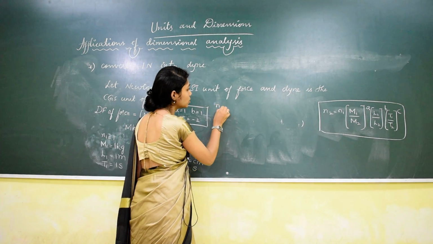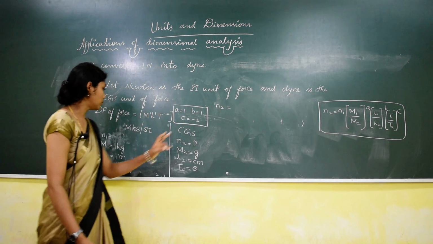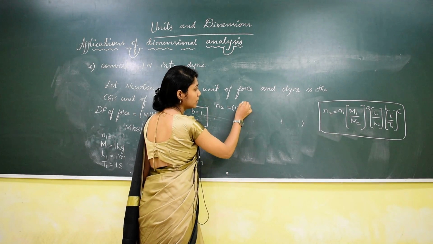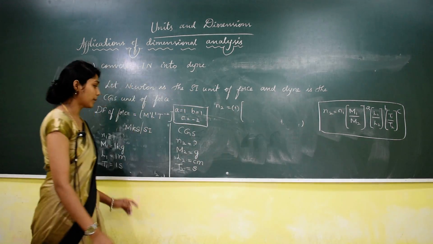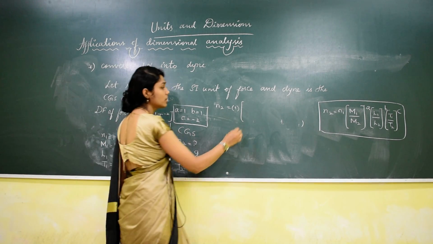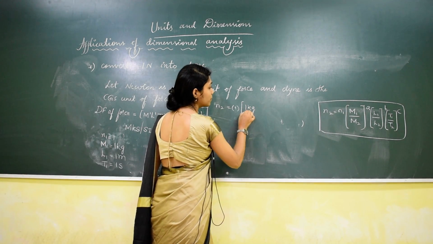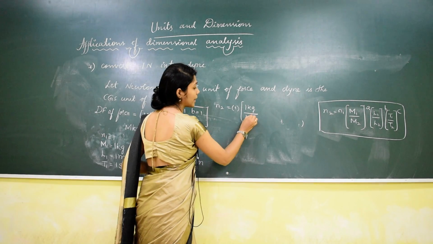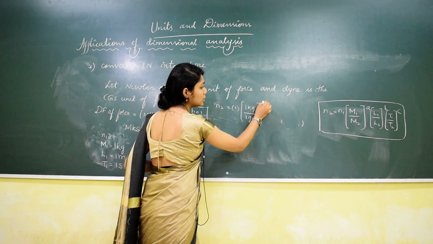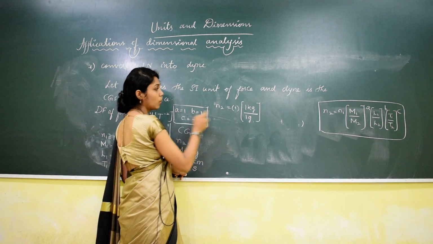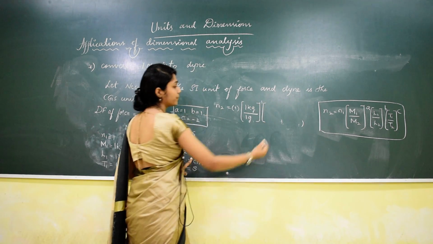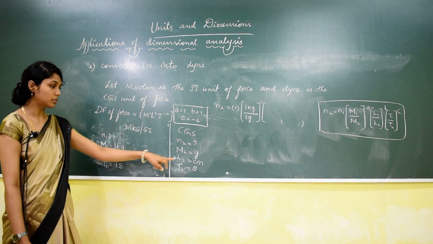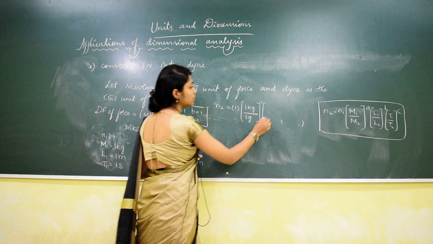So here N2 is equal to, what is the value of N1? N1 is 1, okay, and what is the value of M1? M1 is 1 kg divided by, what is M2? M2 is gram, so 1 gram raised to A is equal to 1, into L1 by L2 raised to B. L1 is 1 meter, L2 is 1 centimeter.